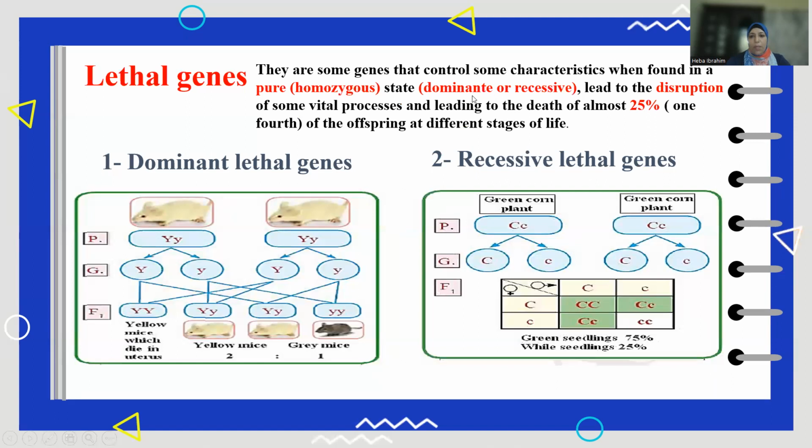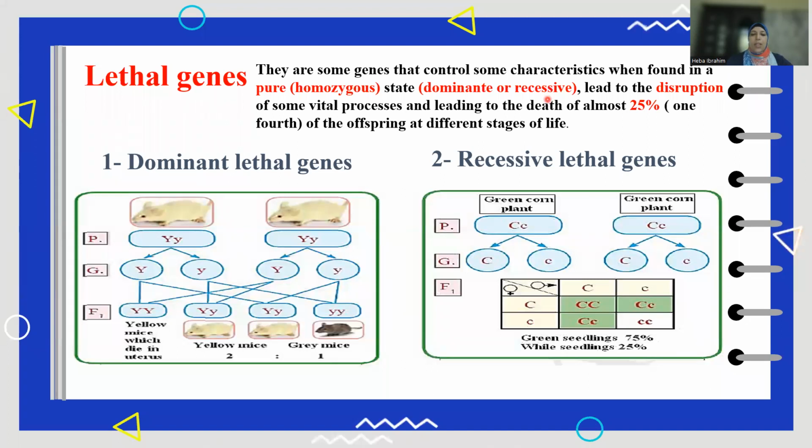This state may be dominant or recessive, and it leads to disruption of some vital processes, leading to death of almost 25% of the offspring. So lethal genes are genes that lead to death, but only if they are expressed in a pure or homozygous state.